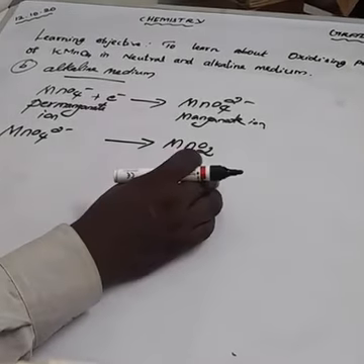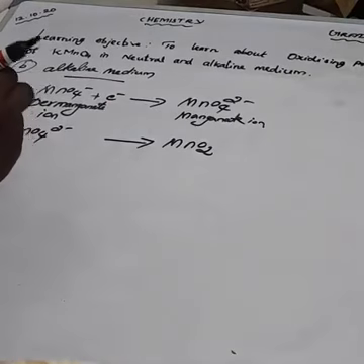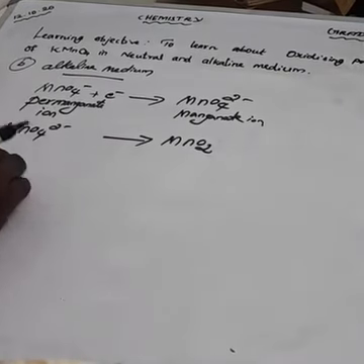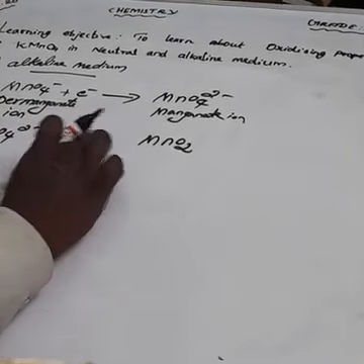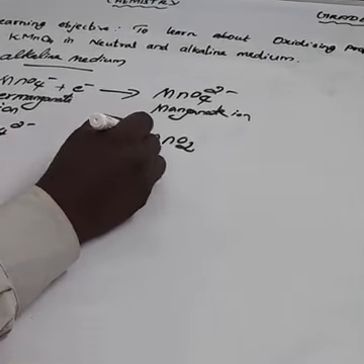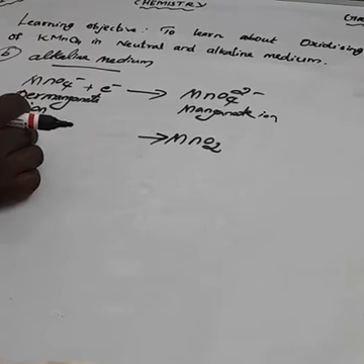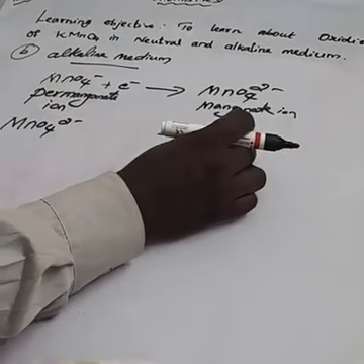First of all, we should balance the equation. Here having Mn 1, here also Mn 1. Here having 4 oxygen, here having 2 oxygen.